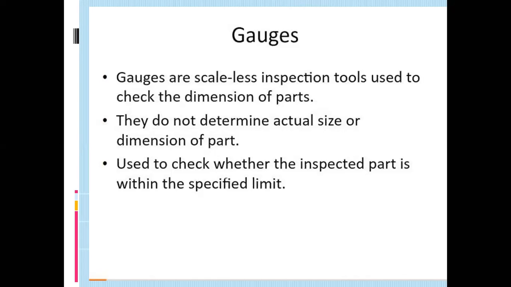To check these two limits, these gauges are used, which means on these gauges there will not be any scale. To check 25.025 mm, you have to manufacture a gauge of the same size, and only then can you check.